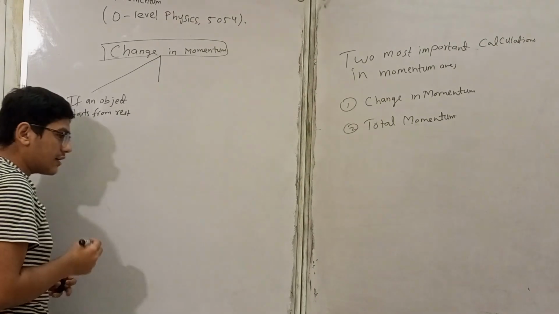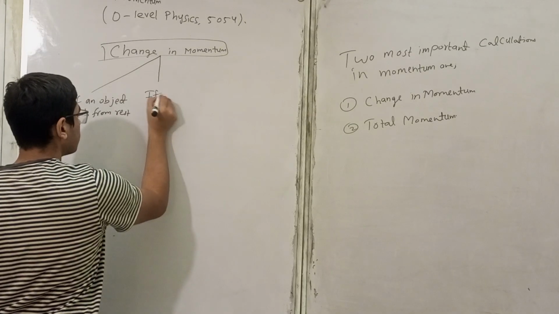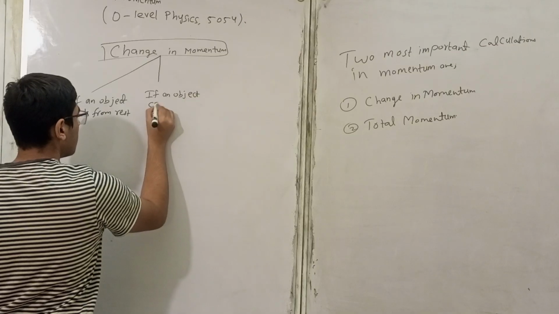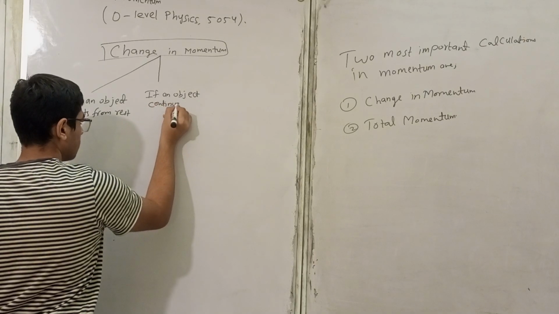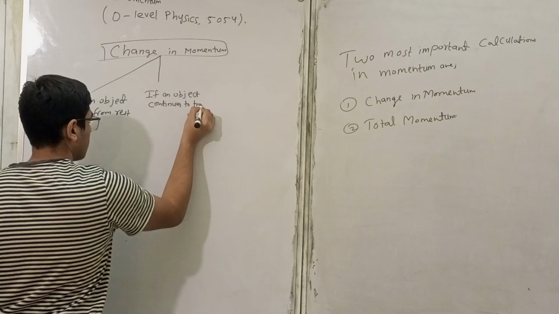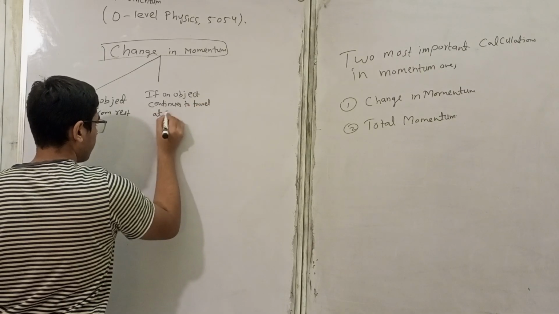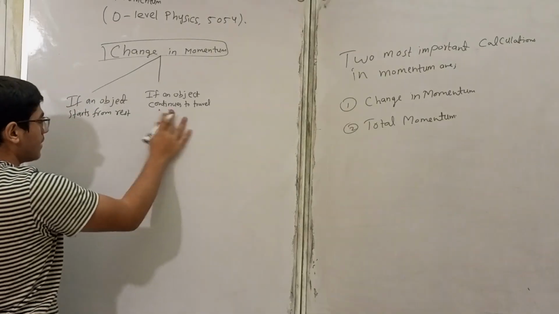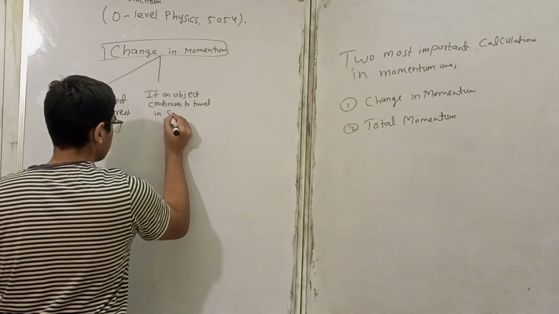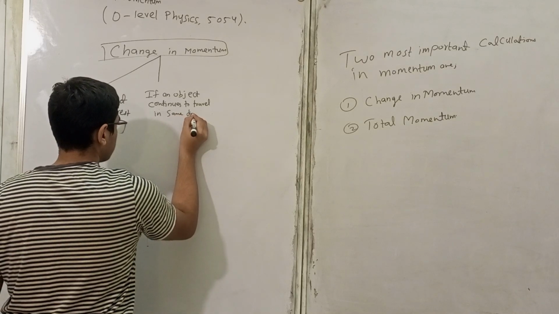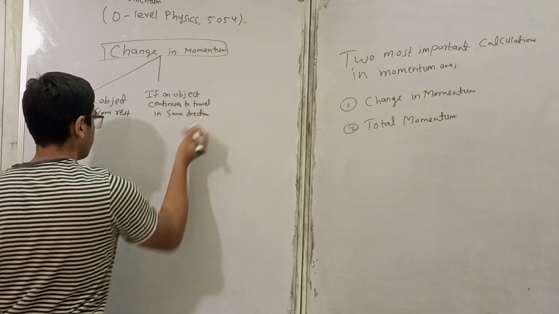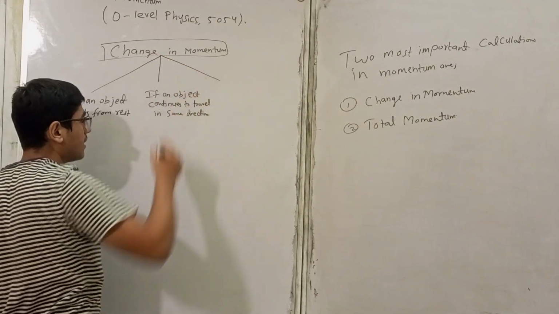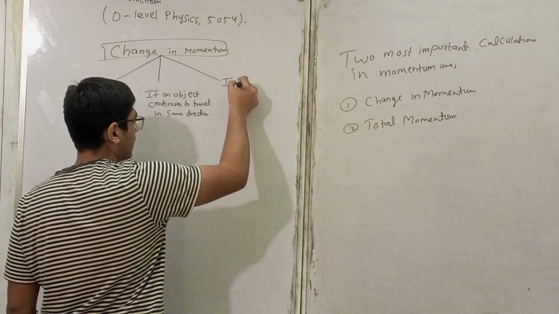Second scenario is that if an object continues to travel at same speed, sorry, in same direction, and lastly, the last scenario is if an object changes its direction.